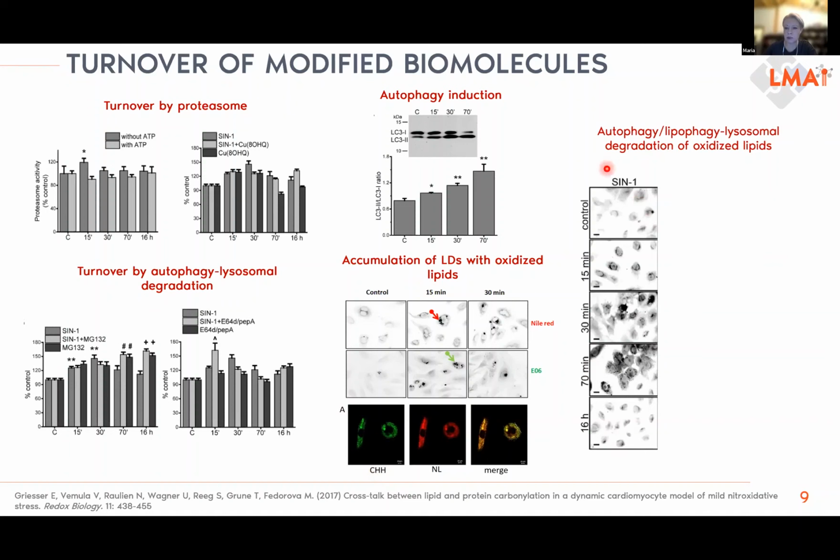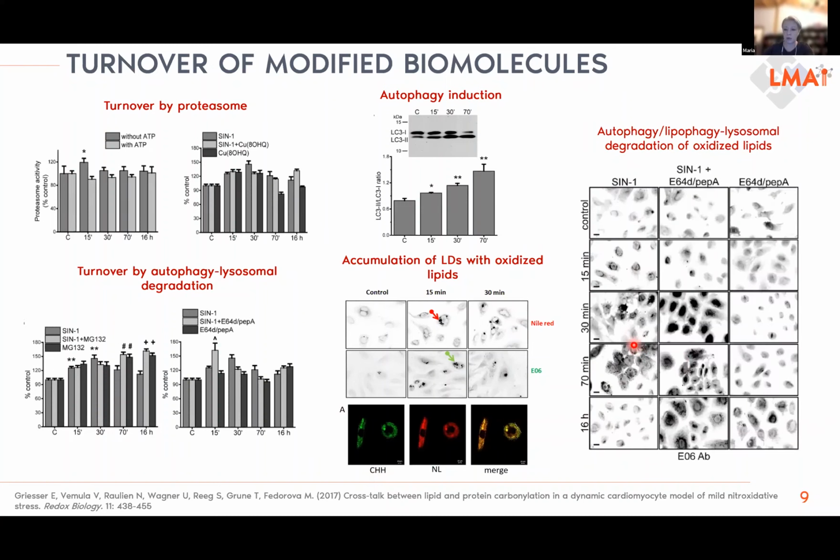If we treat our cells with SIN-1 to induce this mild oxidative stress, cells start to accumulate lipid droplets, and that coincides with activation of autophagy. Those lipid droplets are presumably filled with oxidized lipids. If we inhibit the lysosomal degradation here, this process is not resolved by the cell. So if we leave them alone, they're able to manage that.